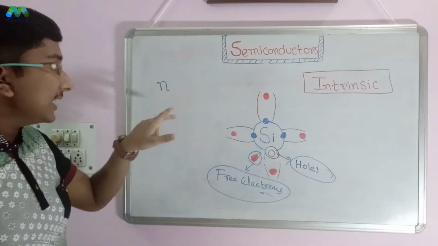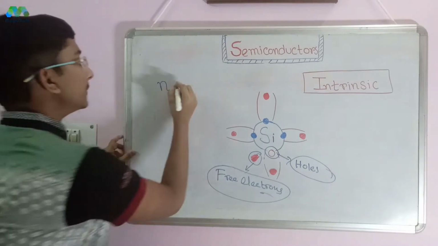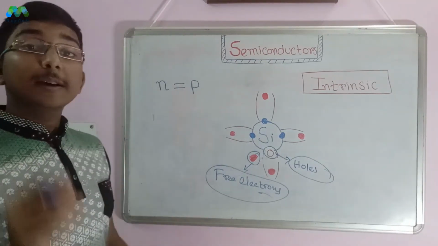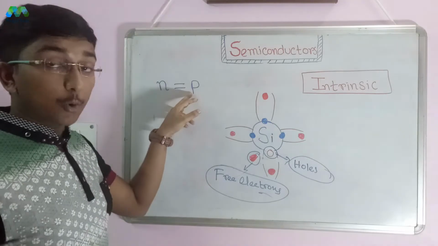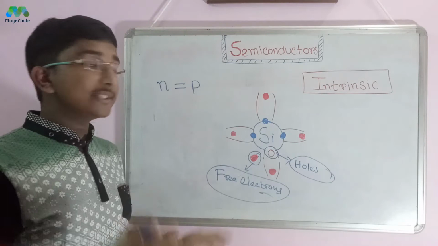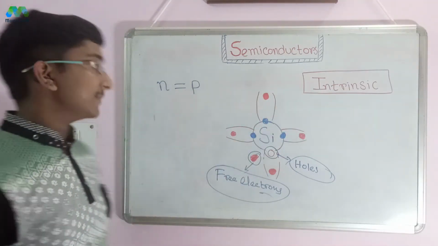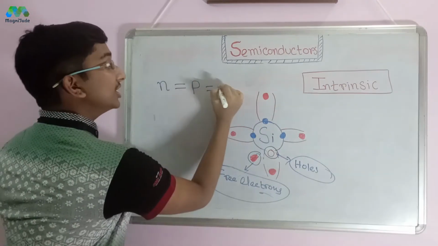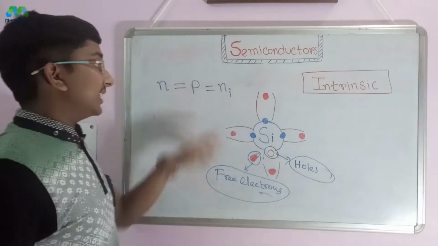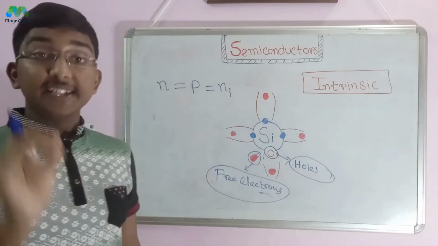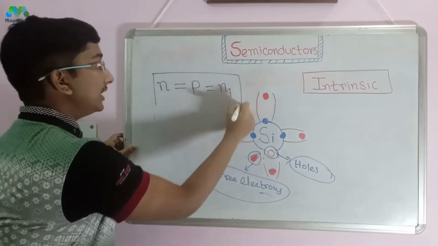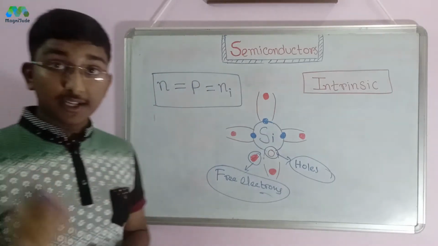The number of free electrons is always equal to the number of holes, which we represent as p, and it is equal to the intrinsic carrier density. ni means intrinsic carrier density. This is a very important property, and it is only valid for intrinsic semiconductors.